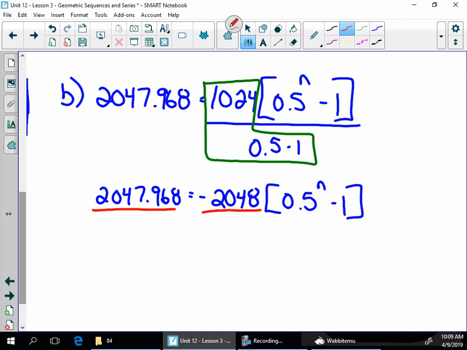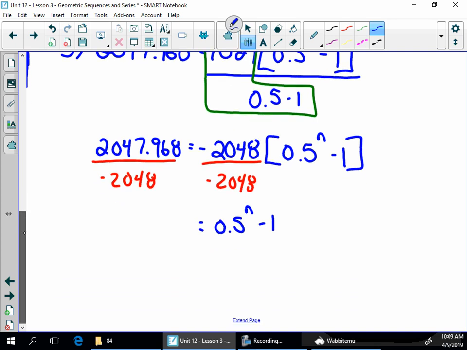If I'm using logs, that's what I have to do. And I'll be left with, on the right-hand side, 0.5 to the n minus 1. The bracket's gone now. And over here, I'm going to get this big, ugly, messy number, right? I don't really care what that number is. I'm just going to leave it as a fraction, 2047.968 over negative 2048. Okay, this is the log way.